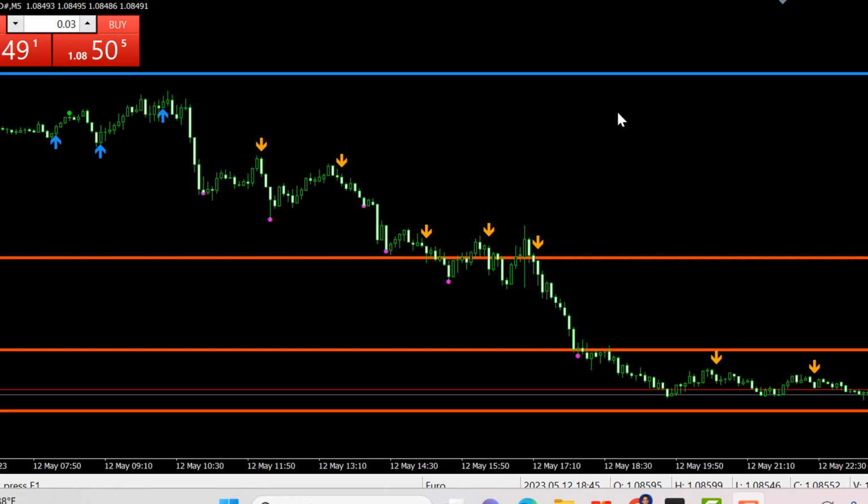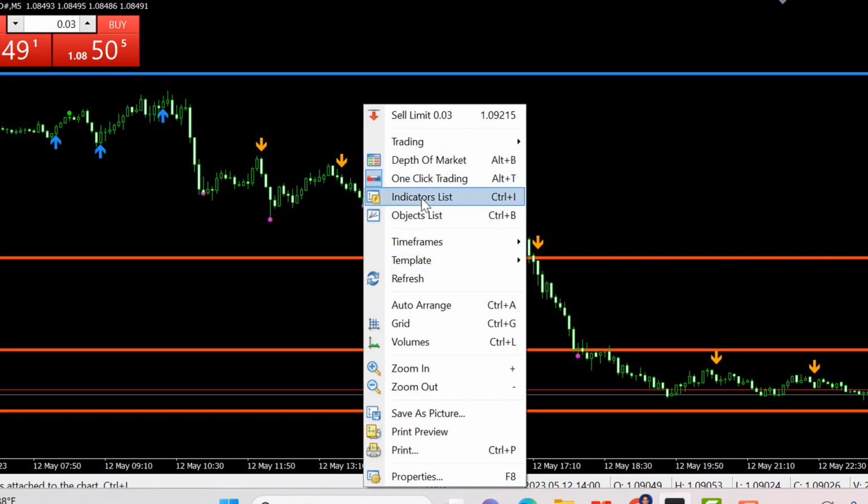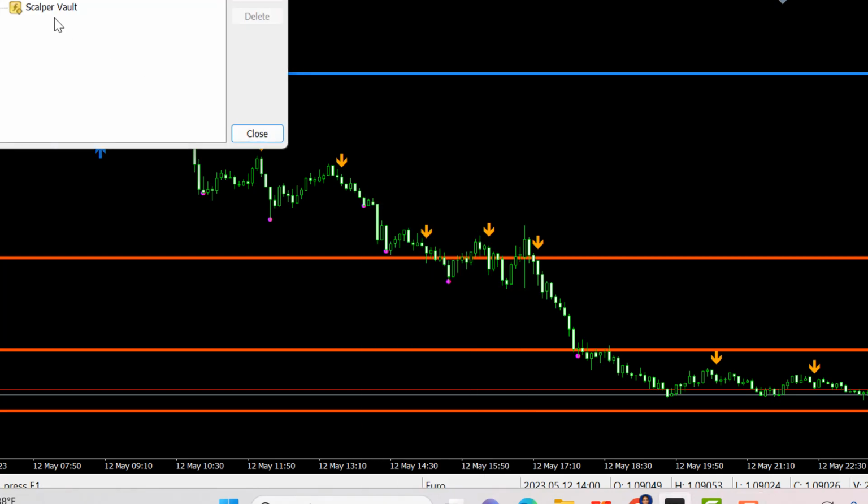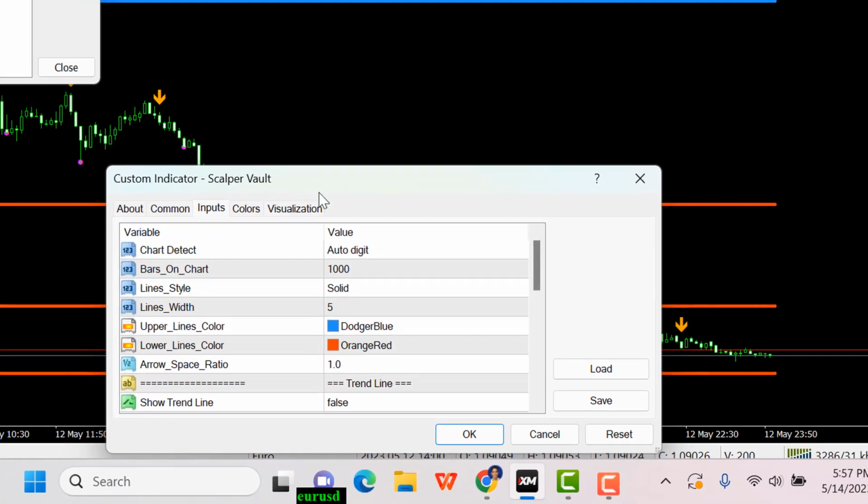First, let me share with you the different features of this indicator. The Scalper Vault has a feature, if we look at the settings of this indicator, it has chart detect.